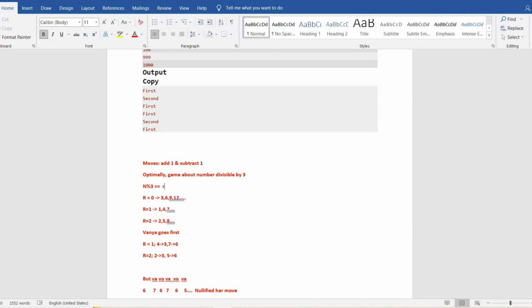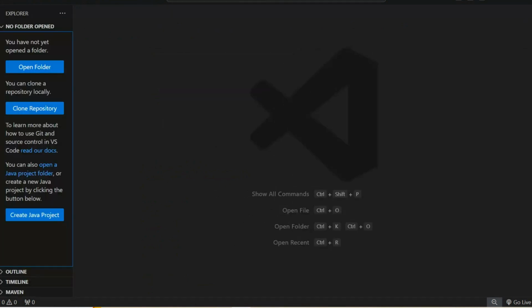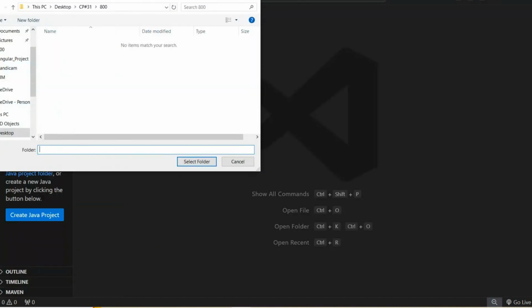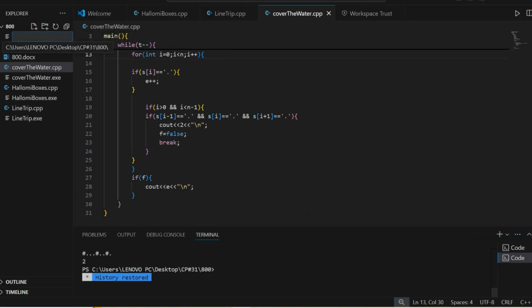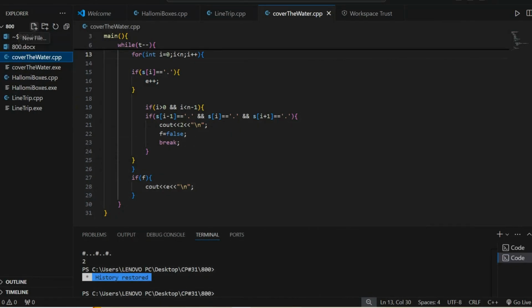So let's code it, guys. No issues. So let's code it. I just open this folder, and what we name as game with integers.